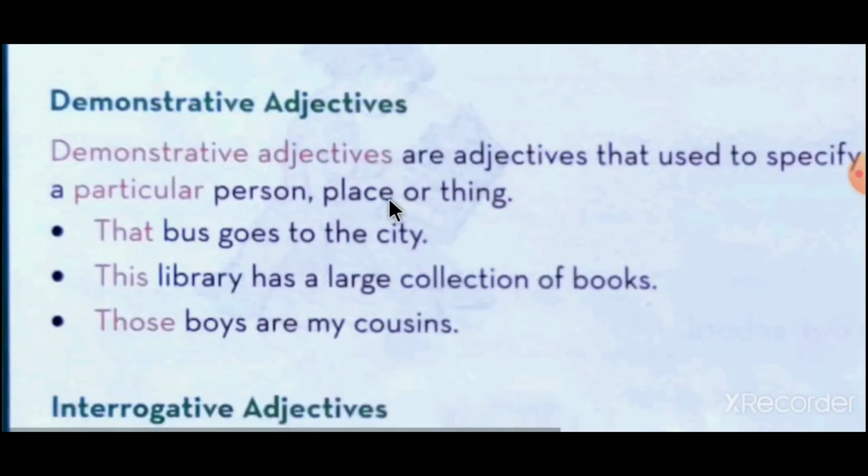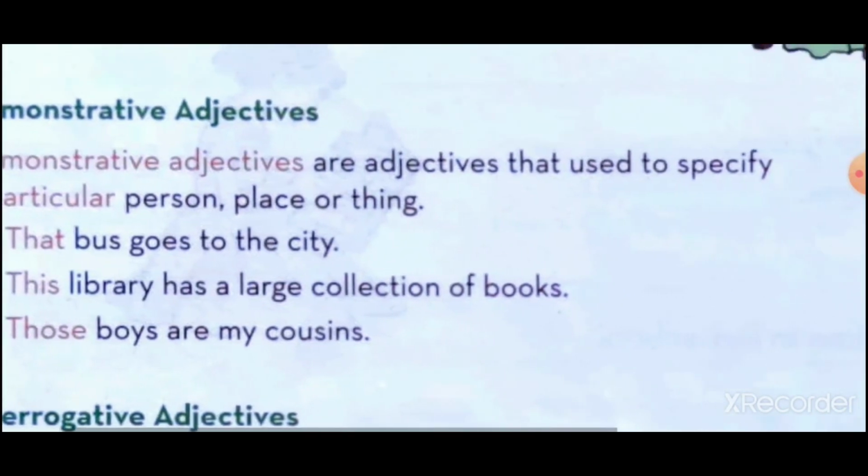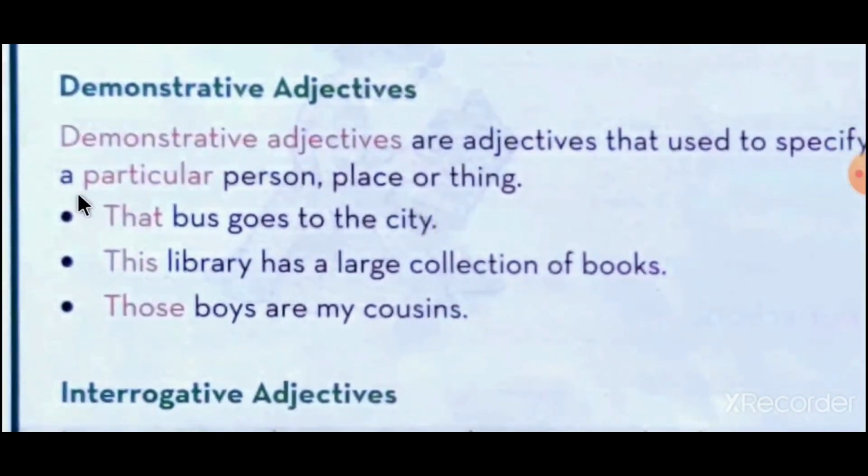Then next one is about the demonstrative adjectives. Demonstrative adjectives, let's start. Demonstrative adjectives are adjectives that are used to specify a particular person, place or thing. Yes, I will repeat.